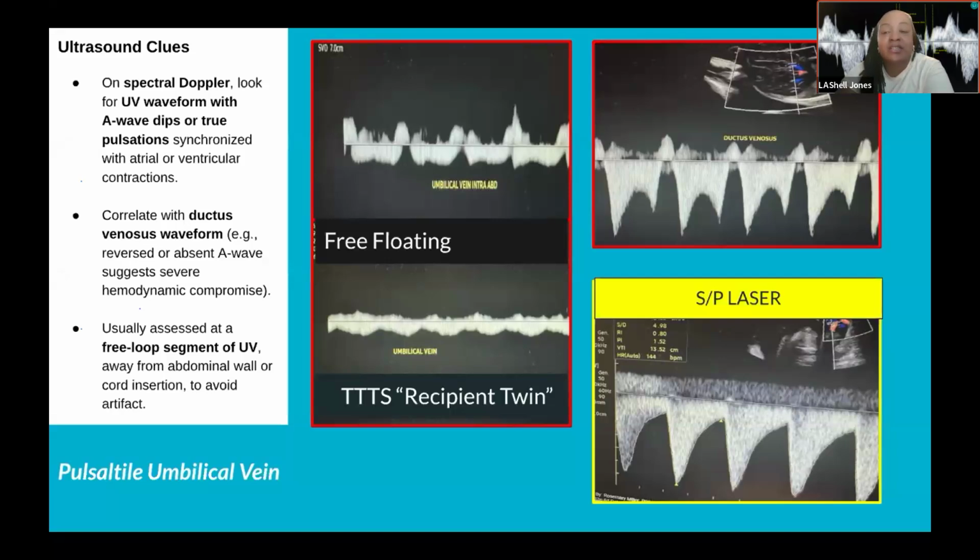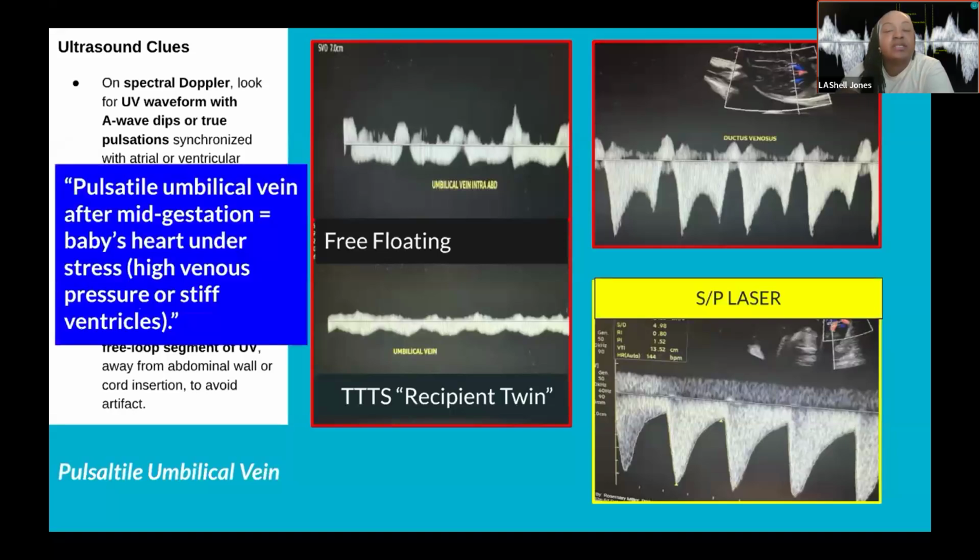And I must say that she did deliver 2 babies probably about 2 weeks ago, and the babies are fine. So this was a life-saving treatment as far as what the babies needed. The doctor did send her right away, right after we noticed these findings, so it was very helpful in saving these 2 fetuses' lives.